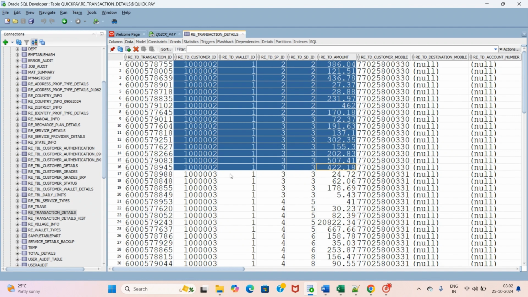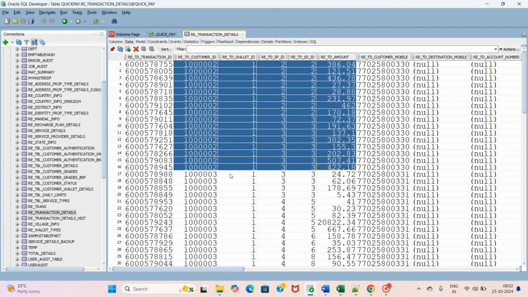If you are aware of this kind of functionality, you will write the queries easily. Otherwise, the overall database completely depends upon the functionality and the actions happening between object to object. That's it. Clear? The same customer, the same service, the same amount can be done to the same mobile number. We can do it, but the date can be changed.